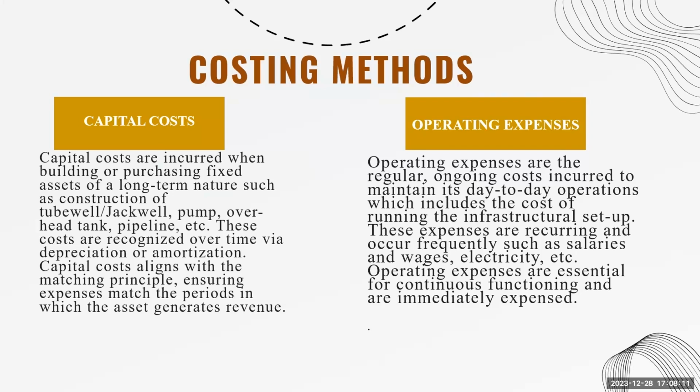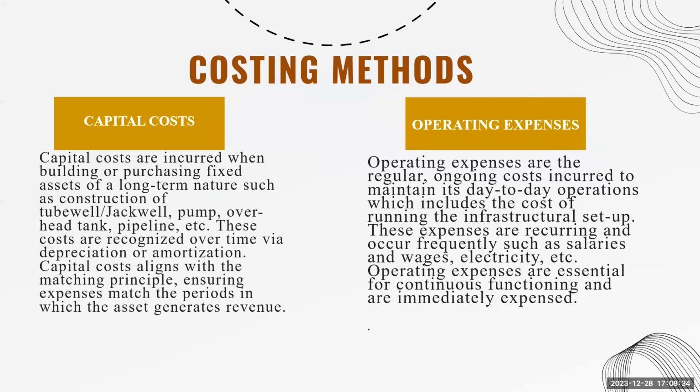And operating expenses are the regular ongoing costs incurred to maintain day-to-day operations, which includes the cost of running the infrastructure setup. These expenses are recurring and occur frequently, such as salaries, wages, electricity bills, and so on.